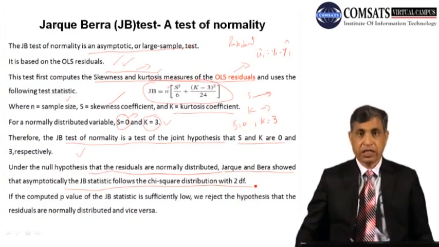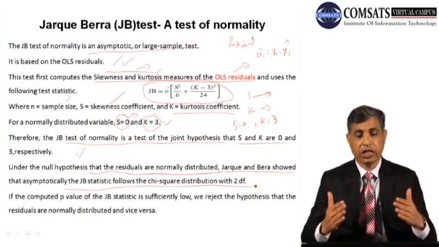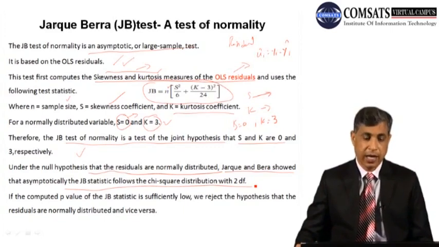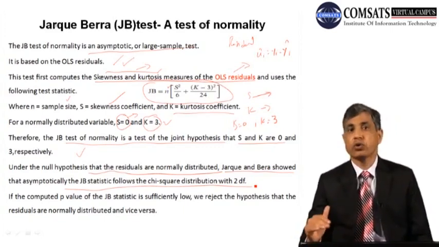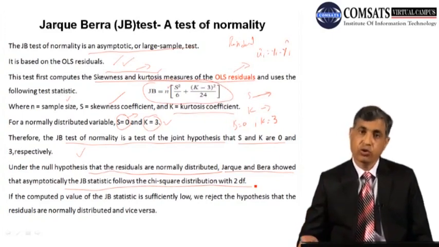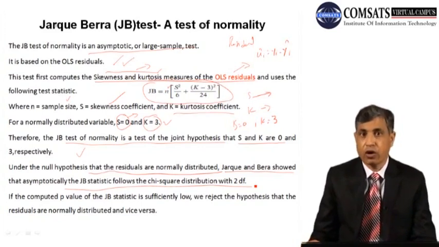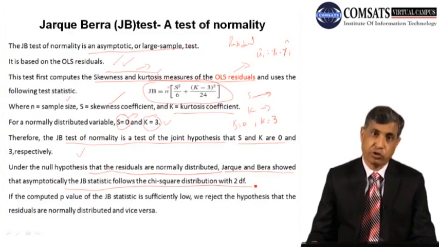So the null hypothesis of the JB test is that the residuals are normally distributed, and it follows the chi-square distribution. So we have to see the critical values from the chi-square distribution rather than the T, Z or F distribution.